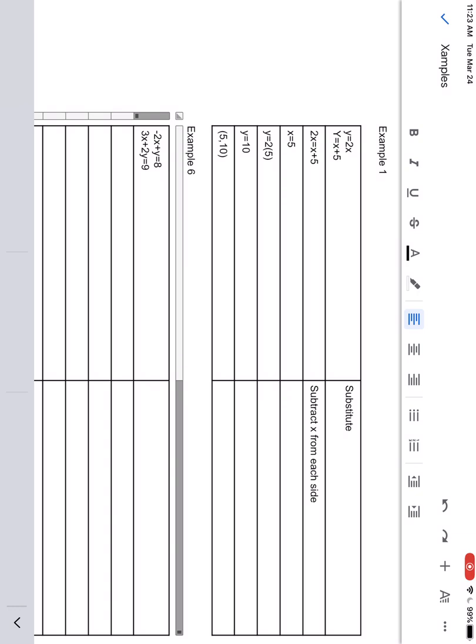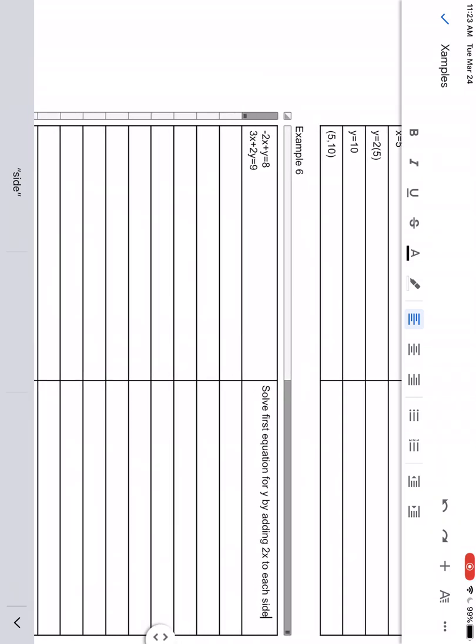What I'm going to do is solve the first equation for y by adding 2x to each side. Yes, I'm combining a couple of things that I did in the notes, but that is purely for my own sanity. So that would get me y equals 2x plus 8.